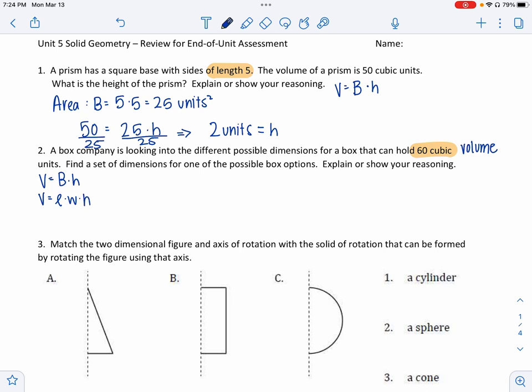And so we need 3 numbers that multiply to 60 for the volume. There's lots of options. You could do 10, 2, and 3. You could do 5, 12, and 1. Really, there's lots of things that you could do. So think of some dimensions for that.